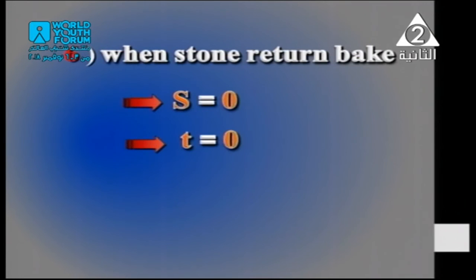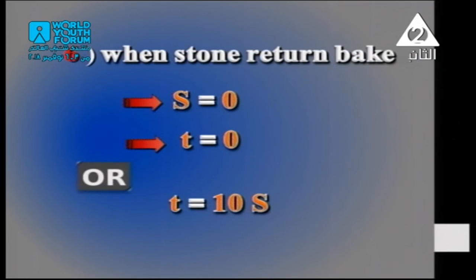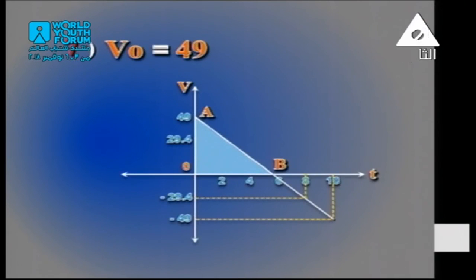My dear student, when the stone returns back, s equals 0, when time equals 10 seconds. V naught equals 49. Look at, my dear student, the curve is the V-T curve, the relation between the velocity and time. The initial velocity V naught equals 49 when t equals 0.